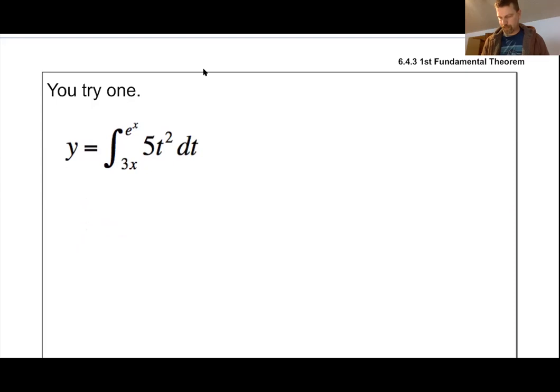All right, again, just for ease of use, I'm going to rewrite this as the derivative of that integral. All right, what would you do first?